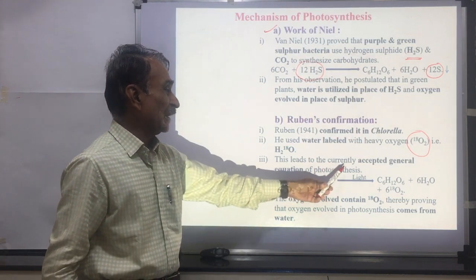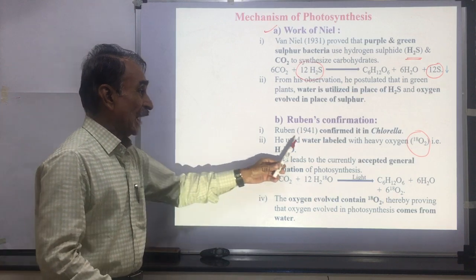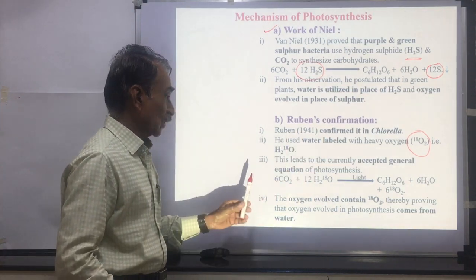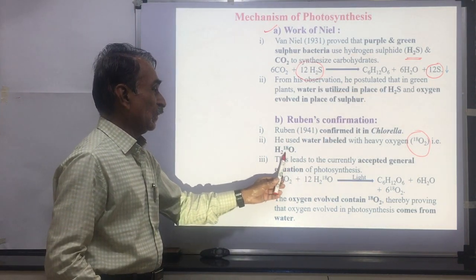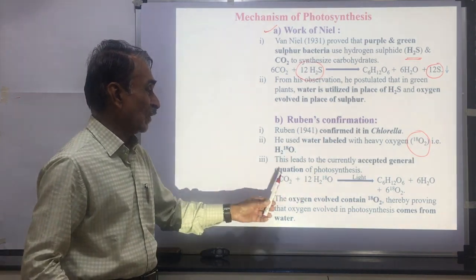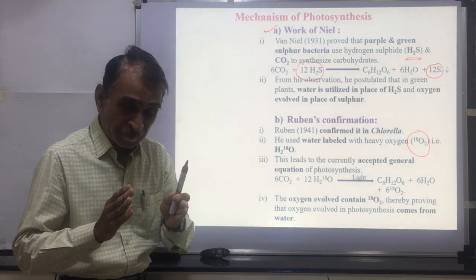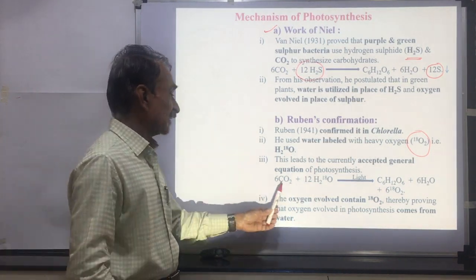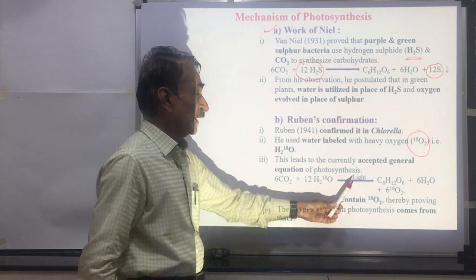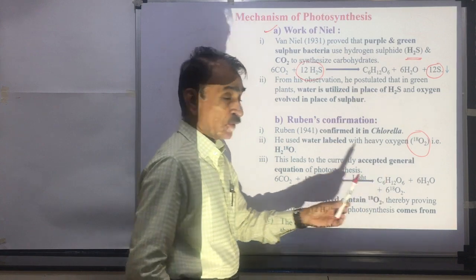This leads to the currently accepted general equation of photosynthesis: 6CO2 plus 12H2O gives a carbohydrate, C6H12O6, plus 6H2O plus 6O2.